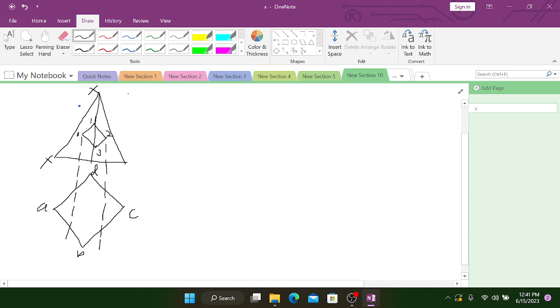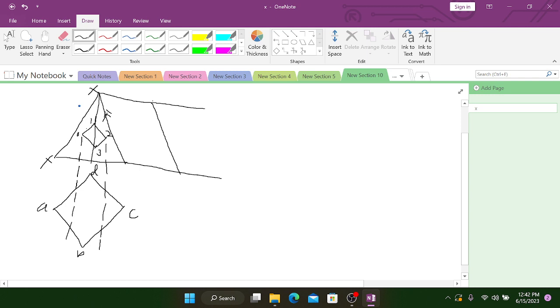If I develop this one, we will see how the development will come. Okay. So I have to draw a horizontal line. This is the horizontal line. Then parallel to this line, I have to draw a line.